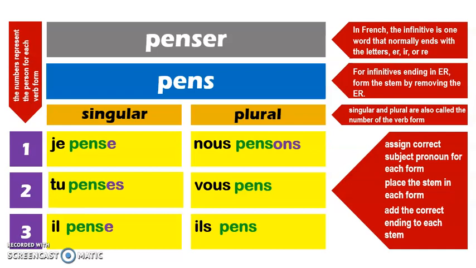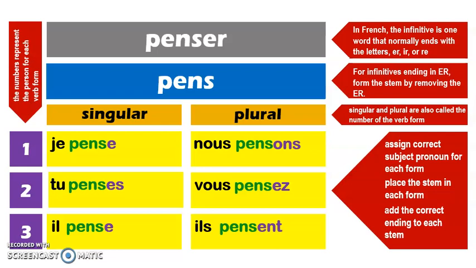For the second person plural, we're going to add the letters EZ. Now, EZ, when it's at the end of a verb form like this, is going to be pronounced "ay." So we say vous pensez. You all think. And then for the third person plural, we are going to add the ending ENT, which is silent.